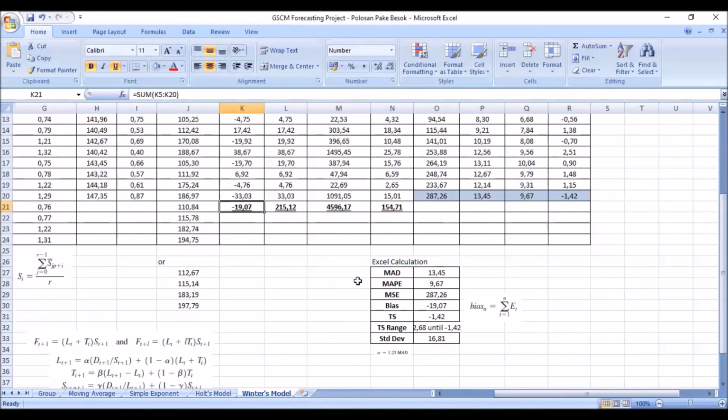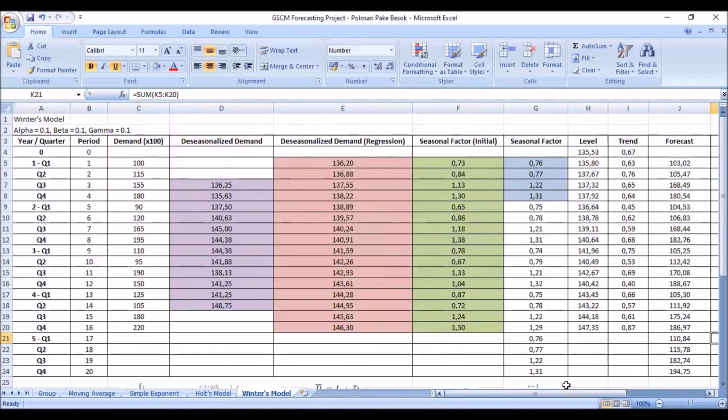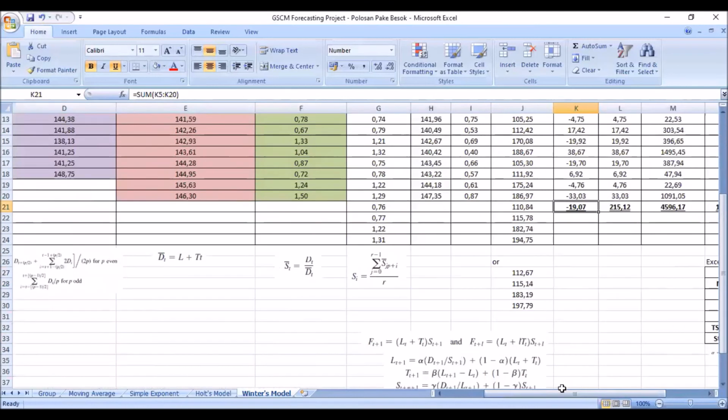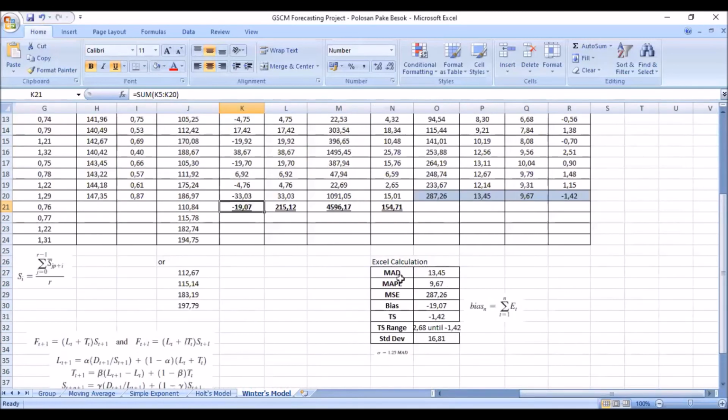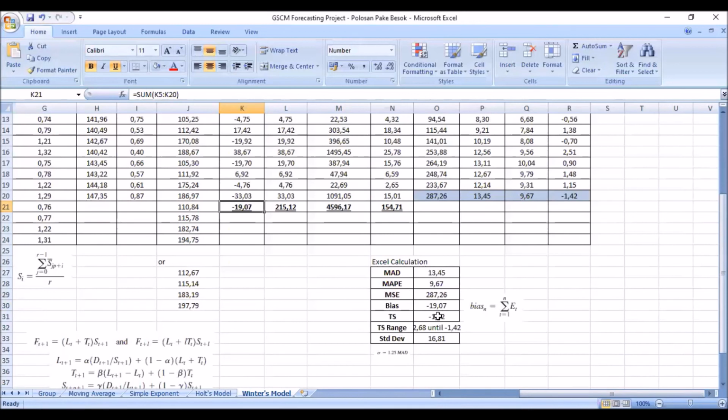And lastly, our final method, the Winters model, is arguably the best, most reliable, and most accurate method to forecast the demand in this case. Because we realize that if we want to forecast the figure of operation demand, we must use the Winters model because it has the lowest MAD, MAPE, MSE, bias, TS, and others, which minimizes the error.